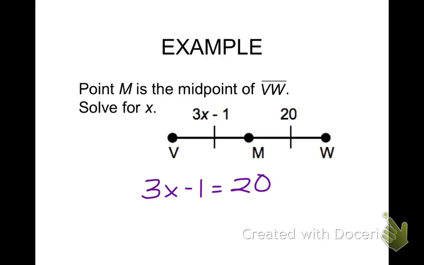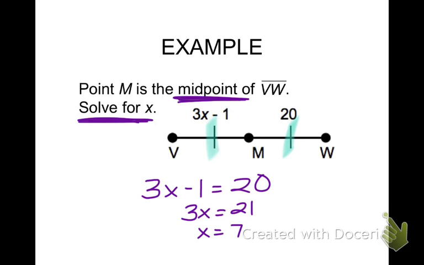So because I see the word midpoint, and because I have these tick marks shown, that means the left equals the right. How do I solve that? Add 1, divide by 3, which gets us 7. Oh, that's nice. Look what the directions are asking us for: solve for x. So am I done?